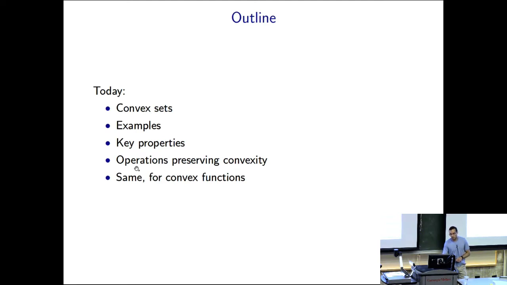So we're going to learn all these operations that preserve convexity. If you can remember some of the canonical examples of convex functions, and you can remember the operations that preserve convexity, then you can verify convexity of a function you're looking at typically more easily than by going from the definition. So we'll do that for convex sets, then we'll do the same for convex functions.